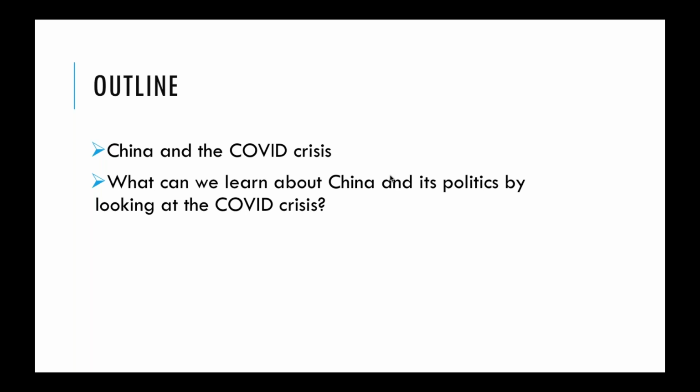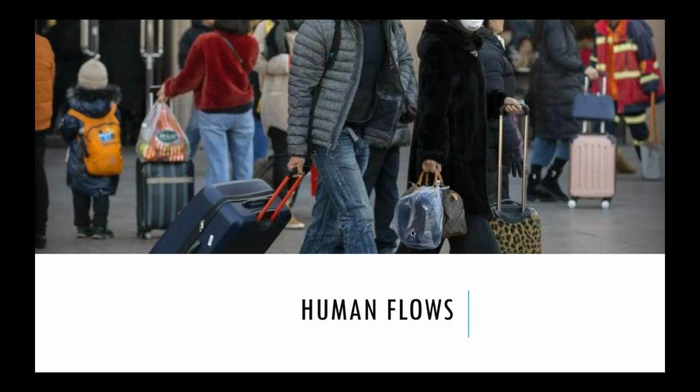Then I'm going to address some specific questions regarding how the responses that were taken by China reveal the nature of its politics. Okay, so these are two things that I'll try to cover in the presentation.